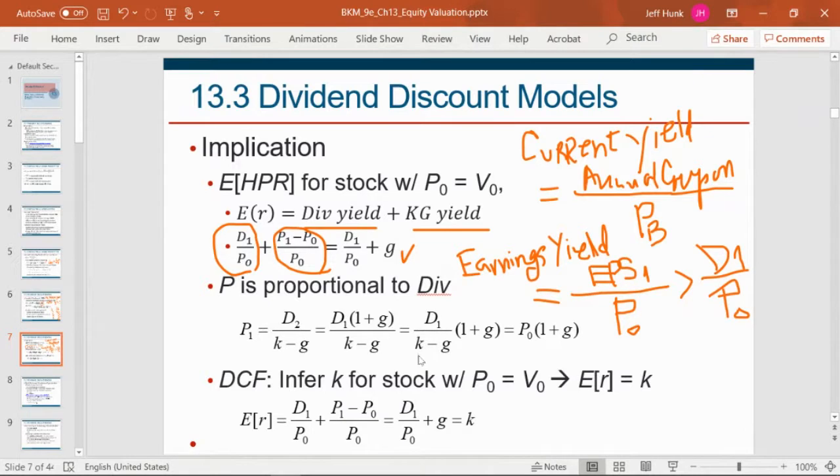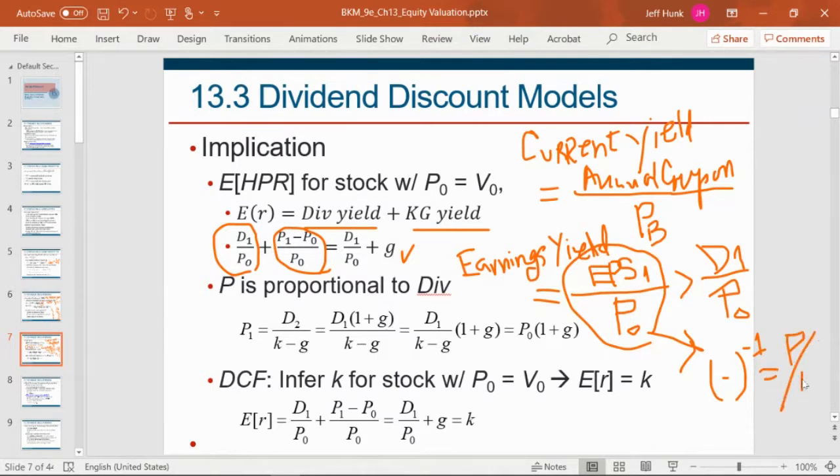Now, another interesting thing is, if you flip it, in other words, take the inverse, to the power of -1, that becomes the price-earnings ratio.